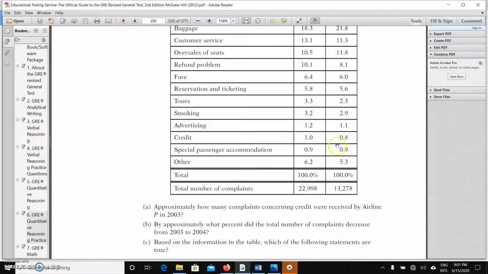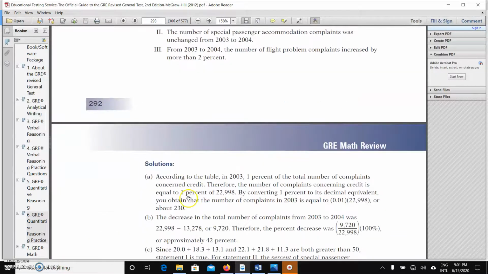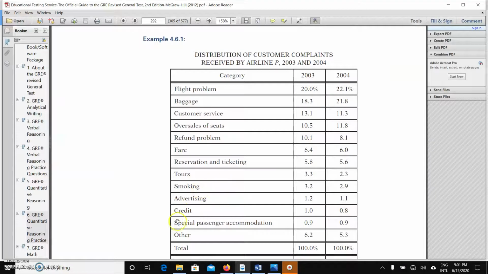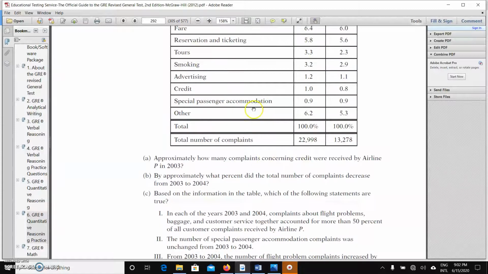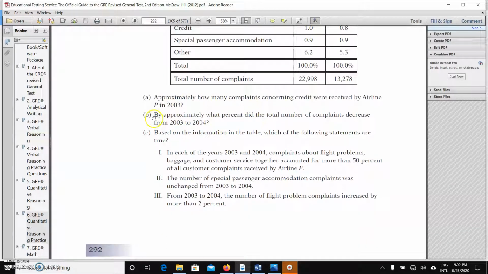So 1 over 100 times this gives you the answer, approximately 230. So 1 over 100 times the total number here, which is 22,998 in 2003. So that's the answer for that one.